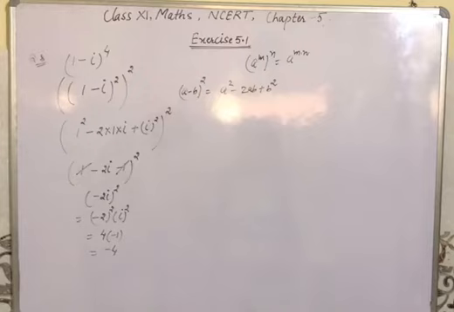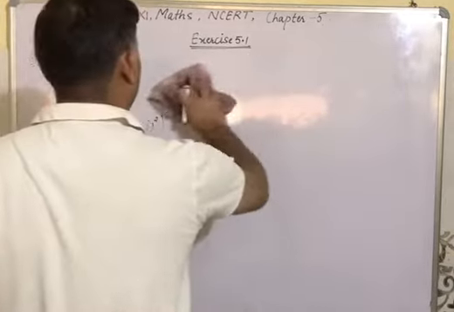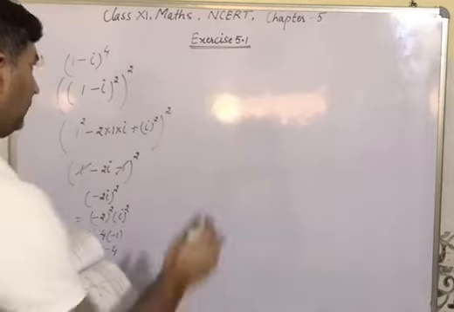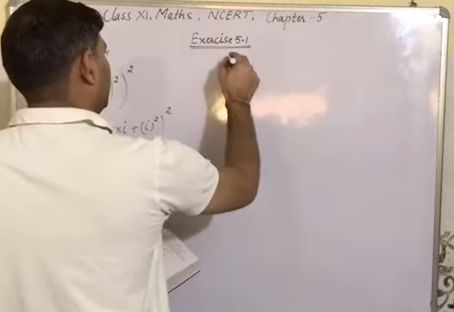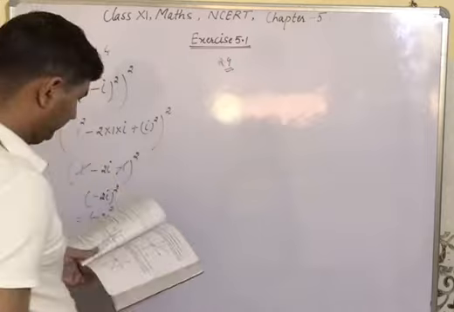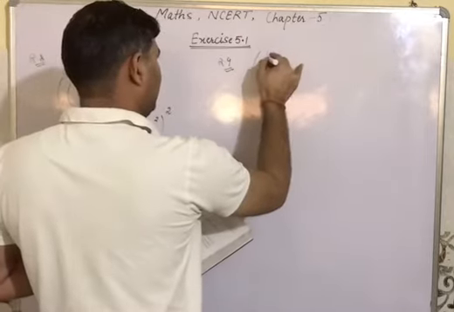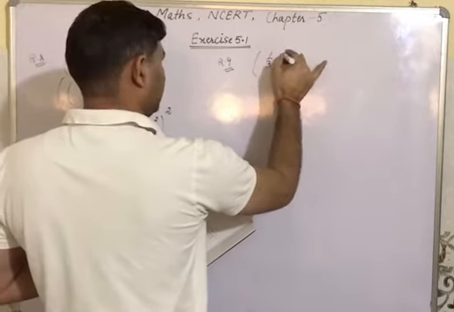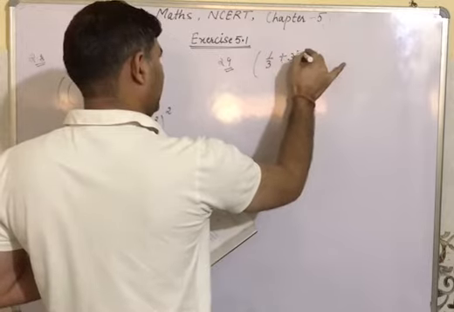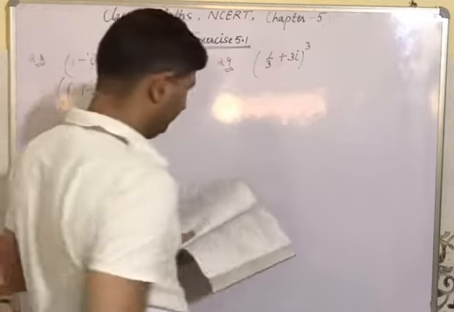Then the next question, question number 9: (1/3 + 3i) whole cube.